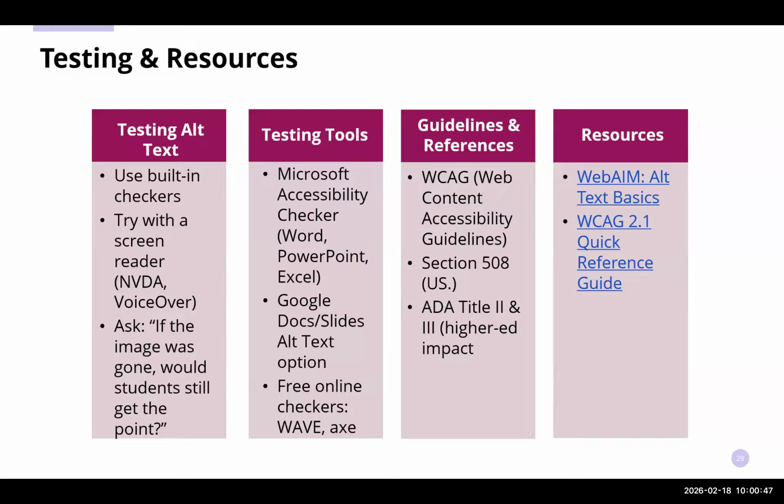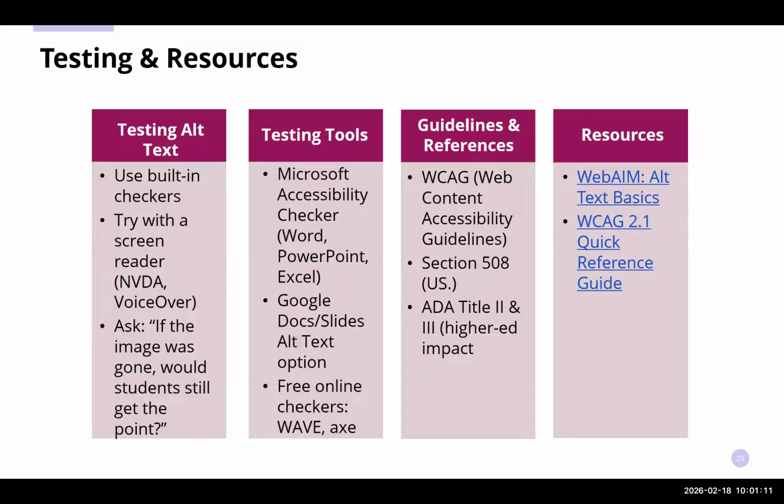You can also use tools that can help you scan content for missing alternative text or other accessibility issues like Wave. Wave is one of the tools that highlights potential problems with alternative text and other accessibility features. And it also shows you where you can improve.